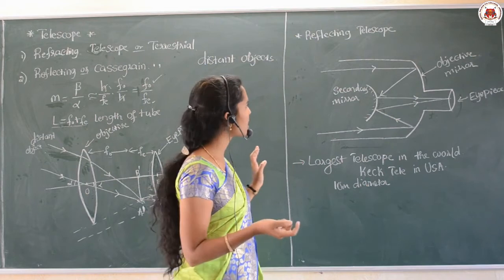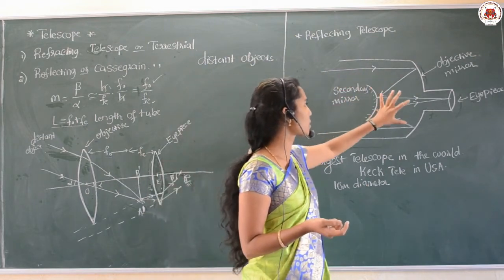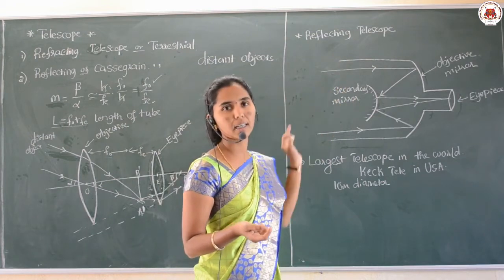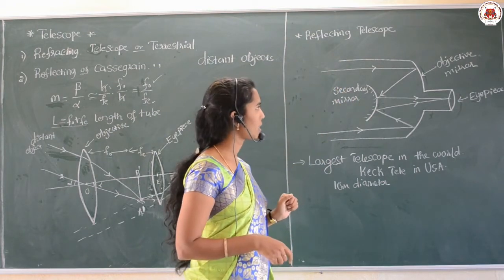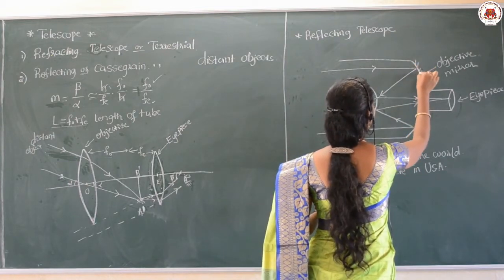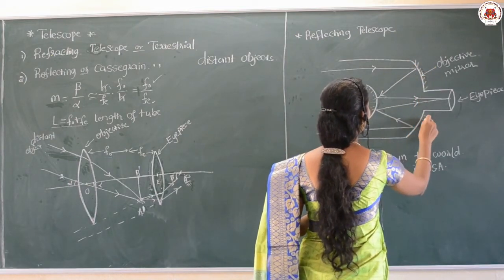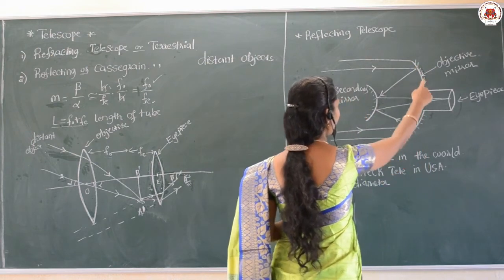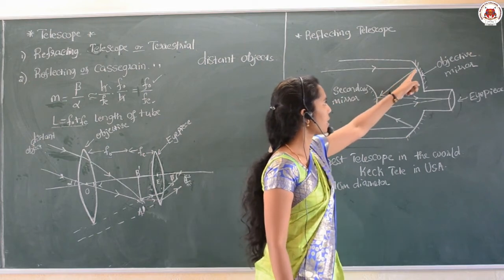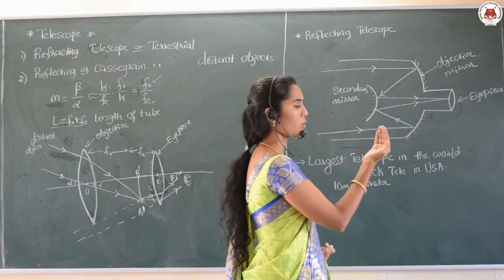Yes, then let us see how the construction of the reflecting telescope is done. See here. In this we have taken a concave mirror. You can see the concave mirror, already you know that.